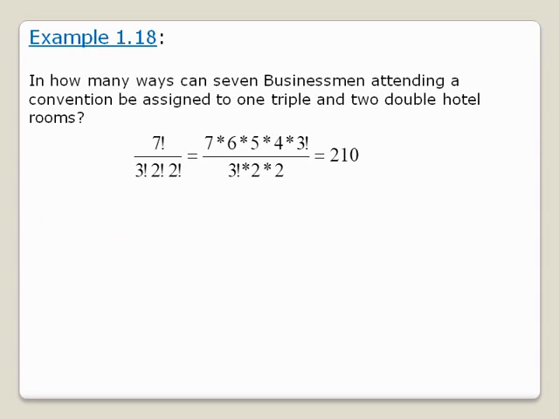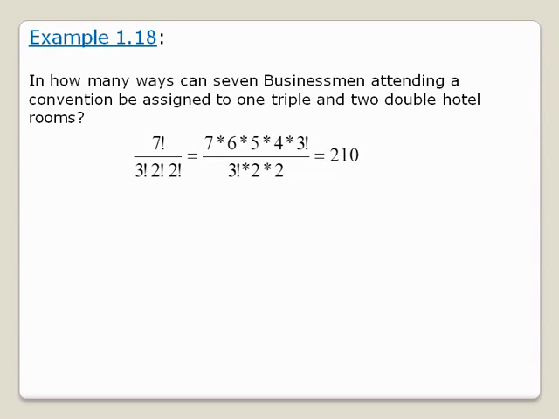Here is the next example. In how many ways can 7 businessmen attending a convention be assigned to 1 triple and 2 double hotel rooms? Since there are 7 people in total, we have 7 factorial at the top and we group them as 3, 2 and 2.